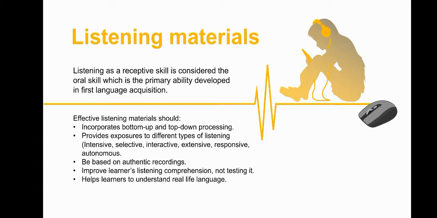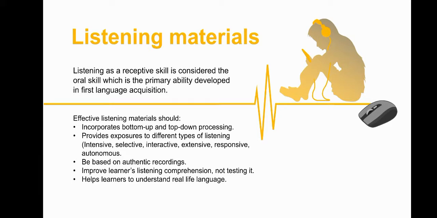Listening materials. Listening, as a receptive skill, is considered the oral skill that is the primary ability developed in first language acquisition. Effective listening materials should, first, incorporate bottom-up and top-down processing.